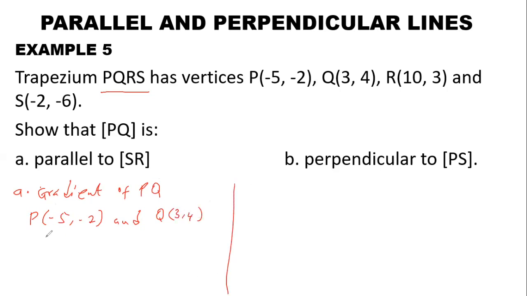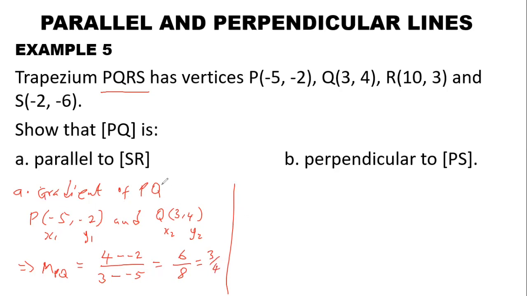So let's say this is x1, y1, x2, y2. This implies that the gradient of PQ is going to be (4 - -2) over (3 - -5). This is equal to 6 over 8, which can be simplified to 3 out of 4.